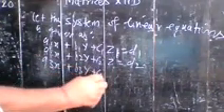First you assume, let the system of linear equation be given as a1x plus b1y plus c1z is equal to d1, a2x plus b2y plus c2z is equal to d2, a3x plus b3y plus c3z is equal to d3. Here you have three equations in three variables.